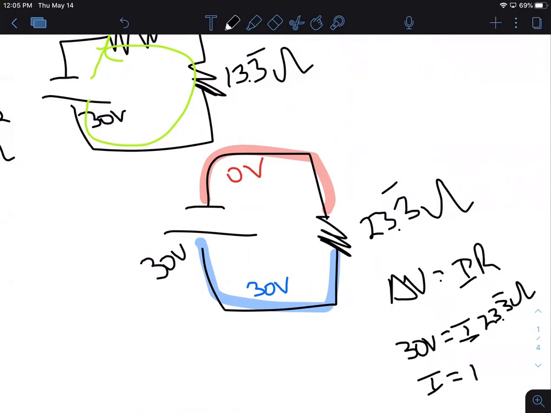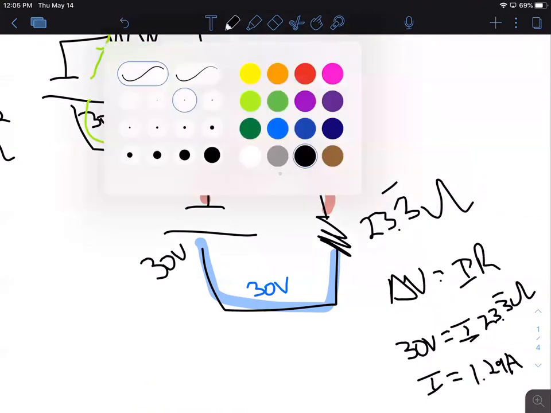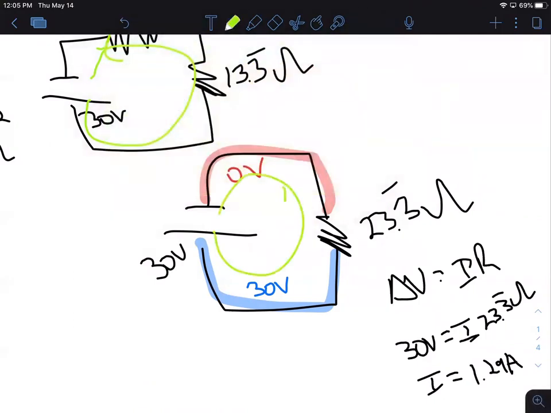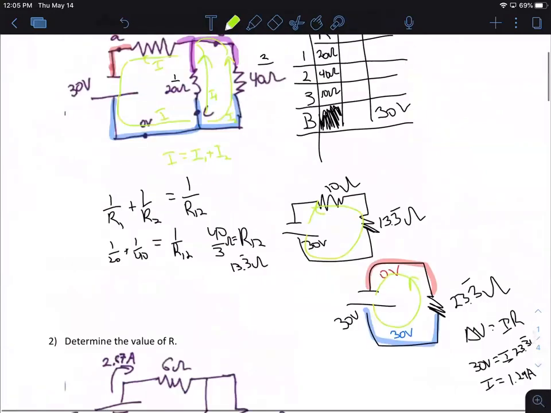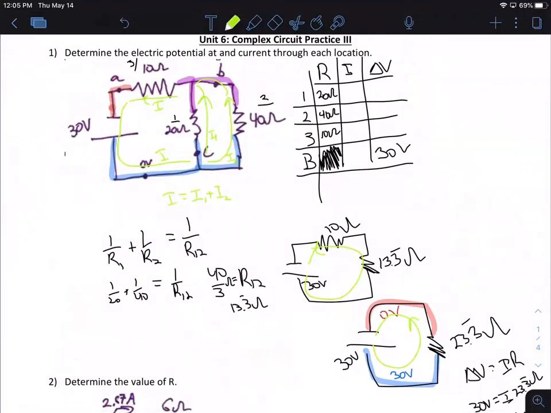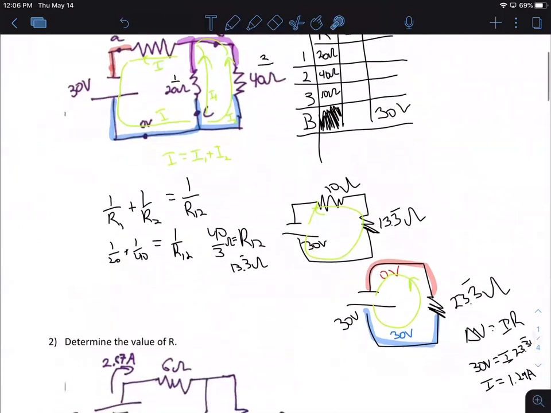We're going to round this to 1.29 amps. So that's the current produced by the battery in this simple circuit. And we know that this circuit is equivalent to this. So my I coming from the battery is going to be 1.29 amps.